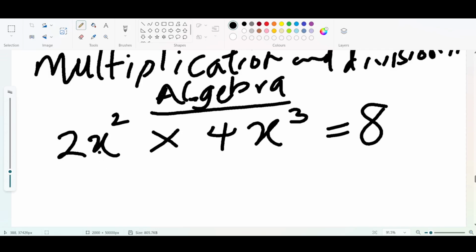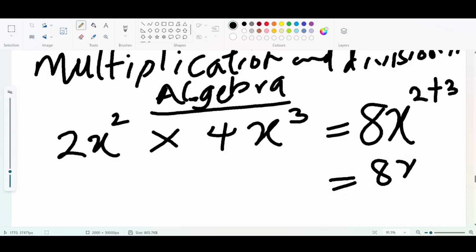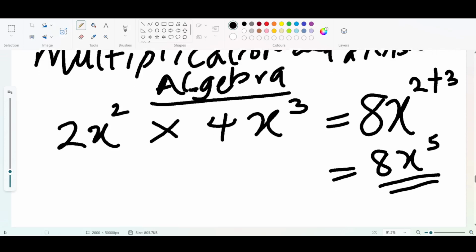So for x, which is the base, we take one of the bases, then add the powers together. So this is x raised to power 2 plus 3, and the final answer is 8x raised to power 5. This is how we do multiplication in algebra.